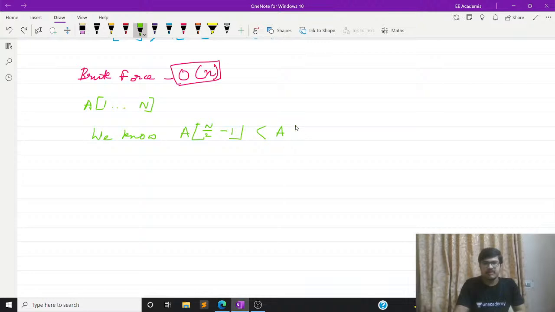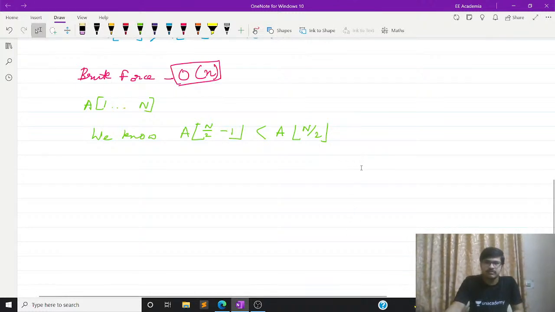That means the previous element of the middle element is less than the middle element itself. Or maybe the other way around, that this is greater than the middle element.